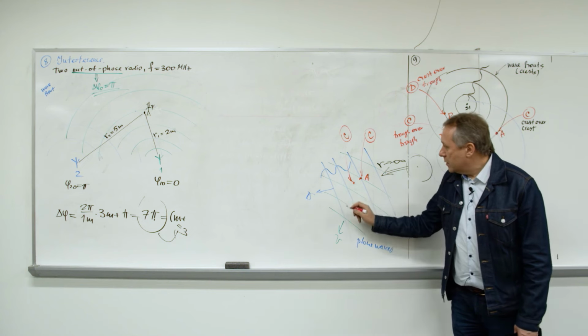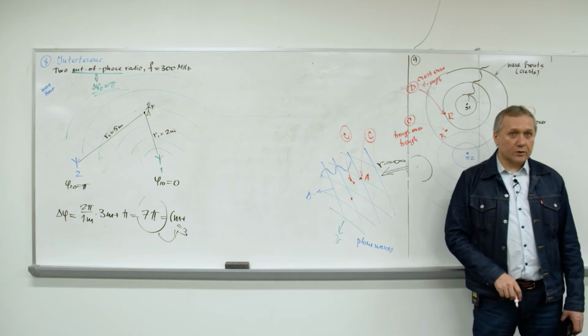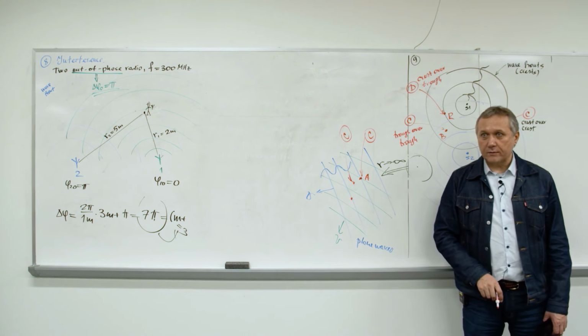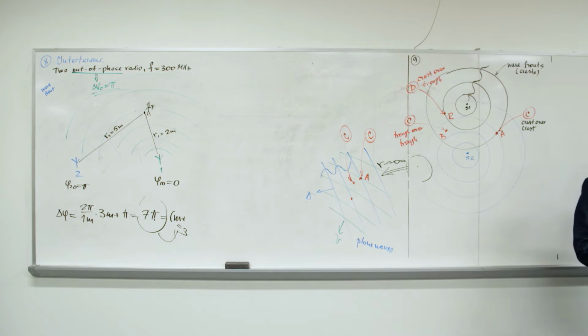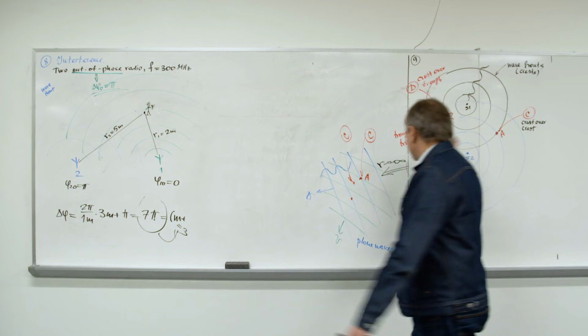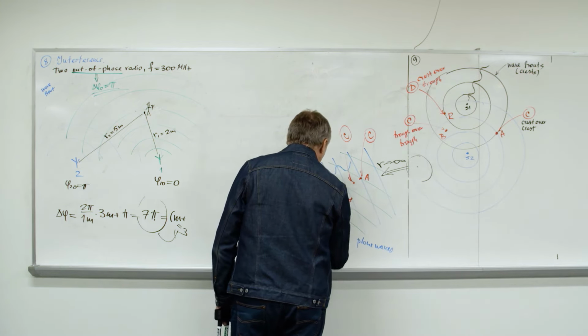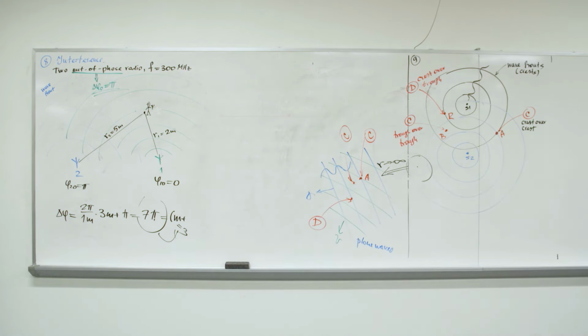If I pick this point, now it's a trough over crest, destructive interference. So this situation and that situation are essentially the same. It's just circular waves at infinity. So this is destructive. Plane waves. Interference of two plane waves.